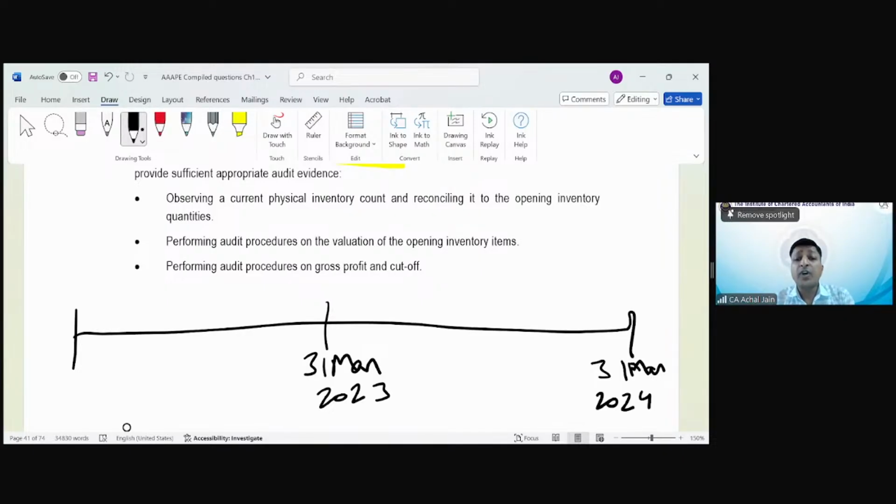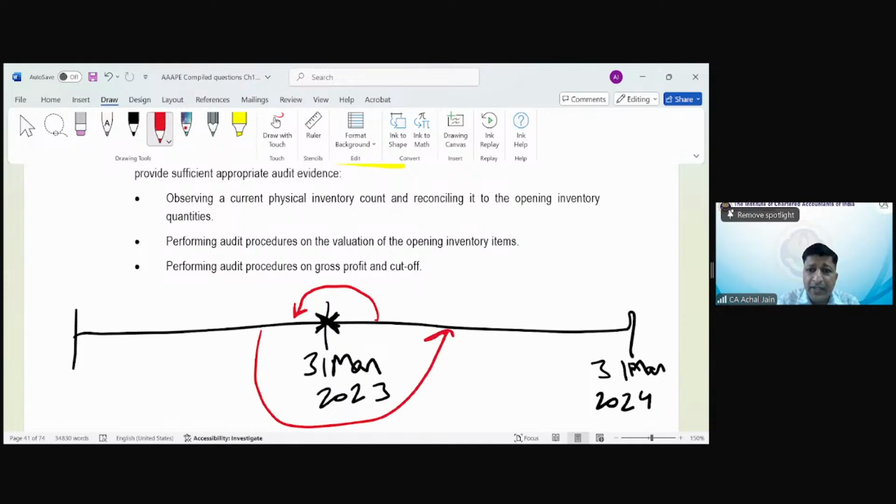You would want to check that anything related to 31st March is recorded up to 31st March, and anything pertaining to this financial year has not been moved to the next financial year.